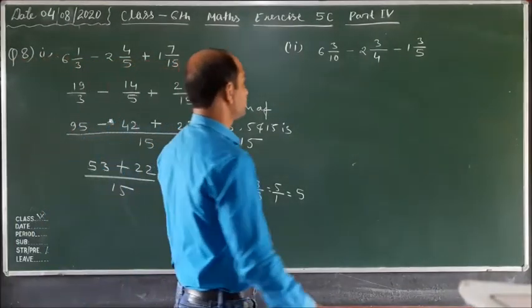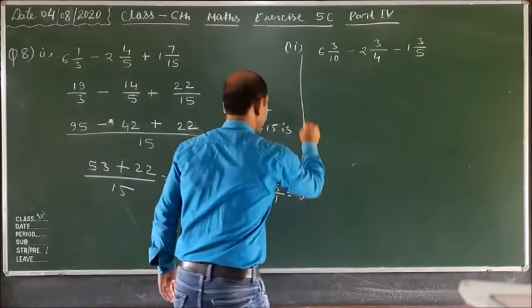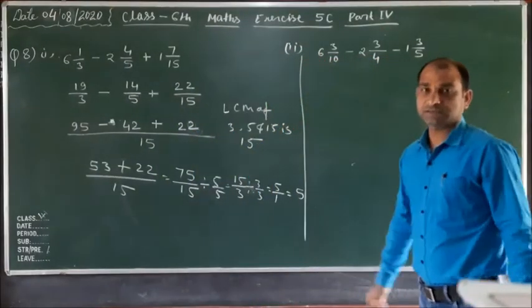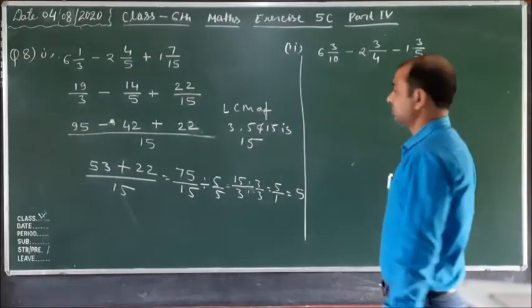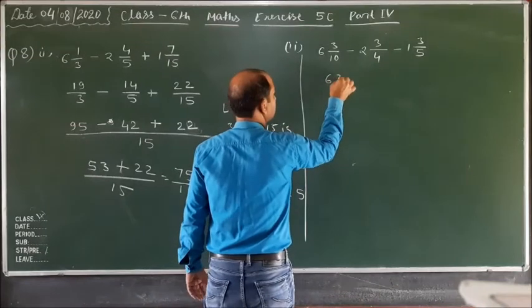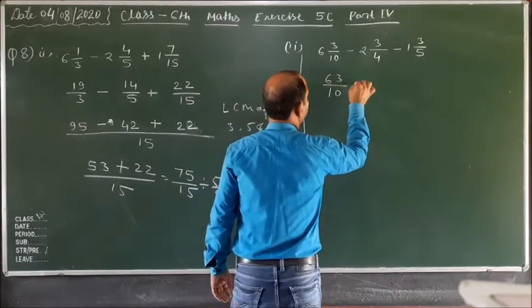Now the next question, question number 2. First we change the mixed fractions into improper fractions. 10 6s are 60 plus 3 equals 63 upon 10, minus.